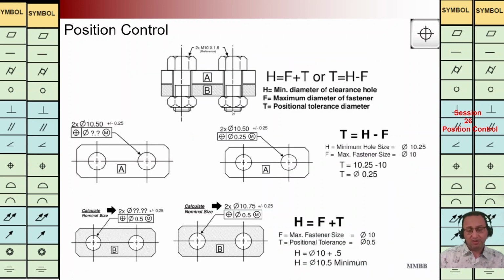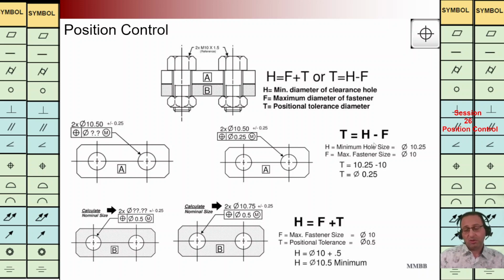As a last example for today, we are going to have these two floating fasteners, two M10, and we have parts A and B. For part A, we don't know what should be the tolerance for this position, TZ for this position control. We are going to use this formula: T equal to hole minus fastener.